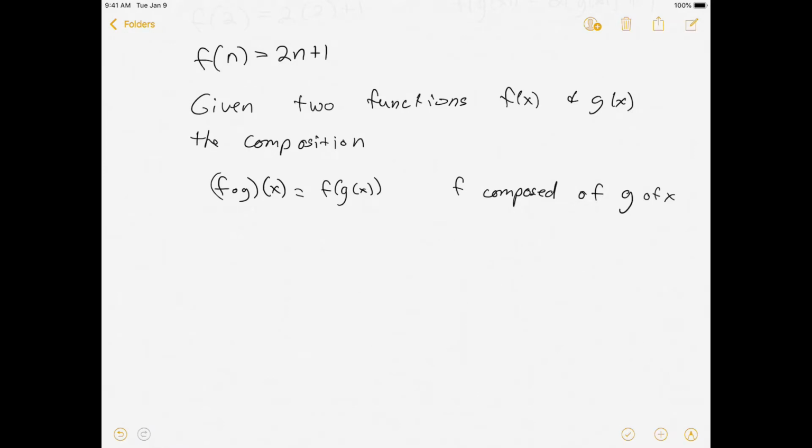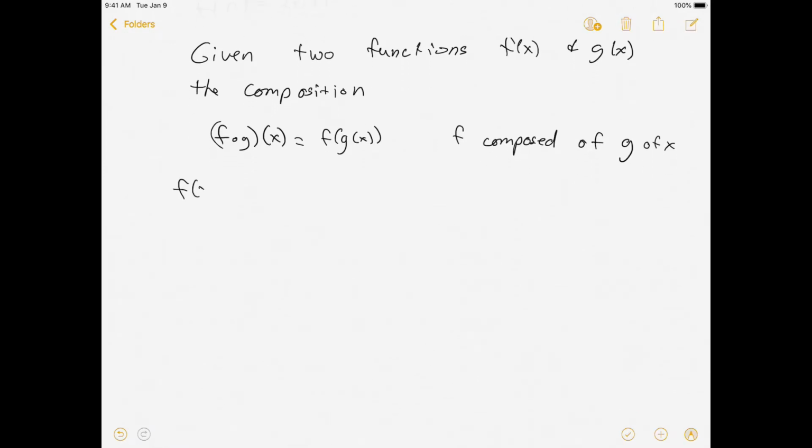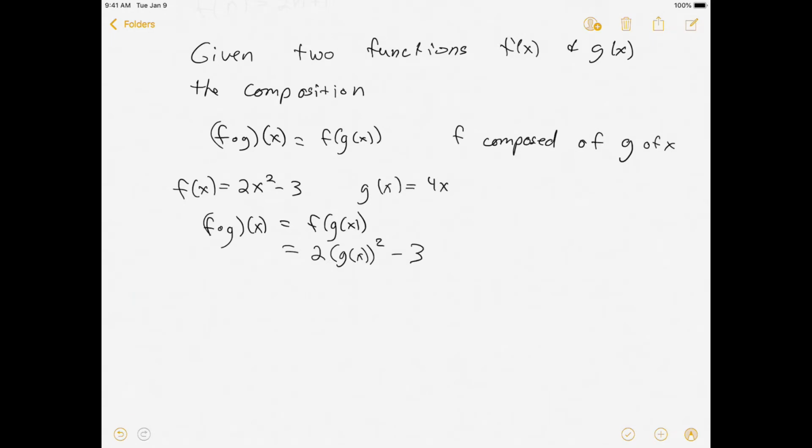So here, let's work some examples. Let's say I have f of x is 2x squared minus 3, and g of x is 4x. If I do f composed of g of x, that is f of g of x. So first, I'm plugging g of x into f of x. So that's going to be 2 times g of x squared minus 3. Literally take x and replace it with g of x.